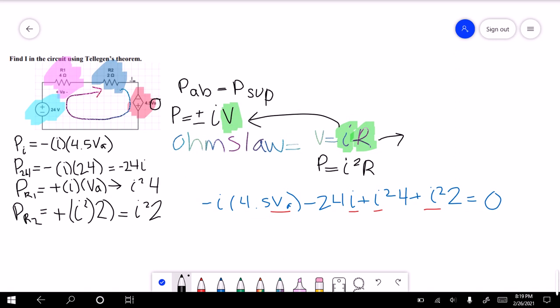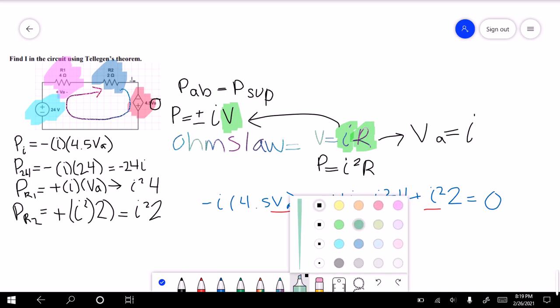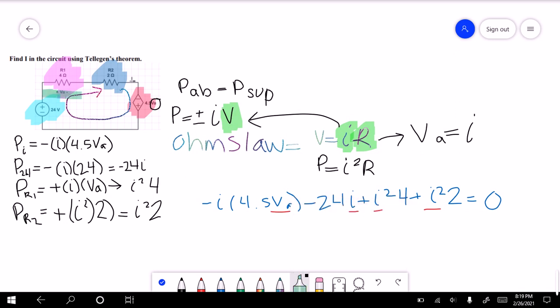But if we use Ohm's law to replace VA, and we know the resistance where VA is, the resistance is 4.